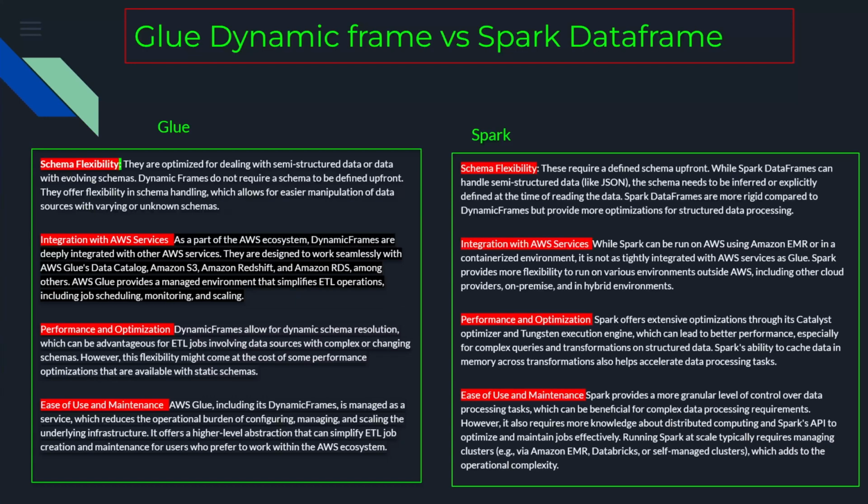Running Spark at scale typically requires managing clusters, which adds to the operational complexity. So you can explain all these differences between Glue and Spark, and in which scenarios you would use Glue or Spark.